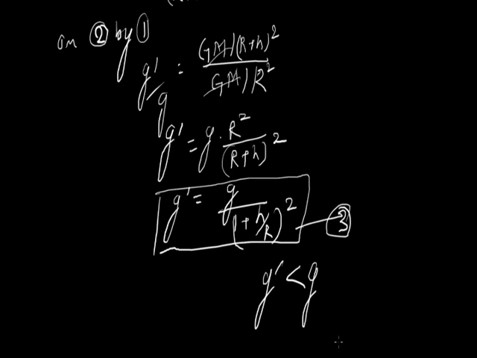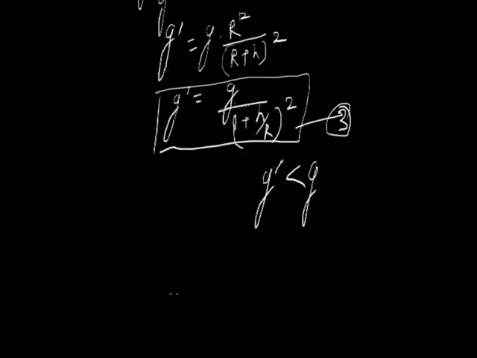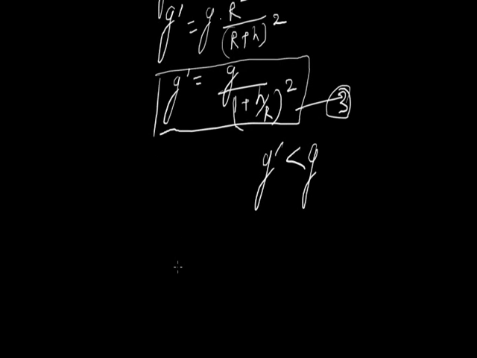So as we go upwards, the acceleration due to gravity decreases from the Earth's surface. This is the formula we will use when h is considerable with respect to R, the radius of Earth, that is, when h is greater than 100 kilometer.